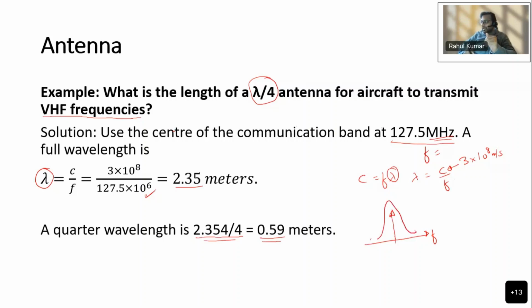The maximum radiation will be at 127.5 megahertz, but still you will get some radiation at other frequencies also. So you get a band of radiation from the antenna. If you design an antenna at a center frequency, you would get some radiation within that entire frequency band.